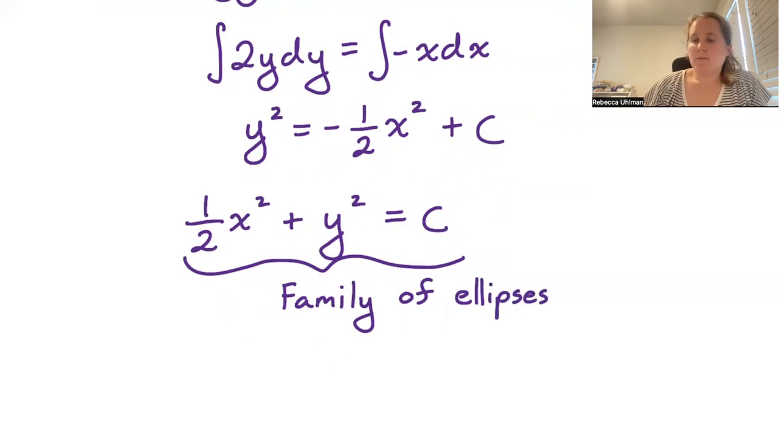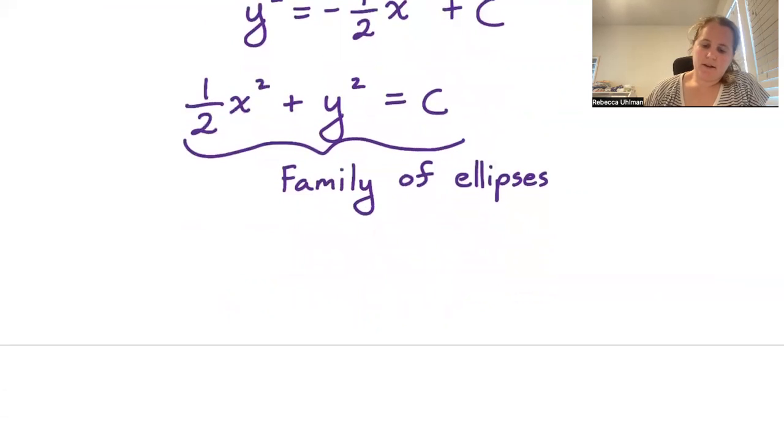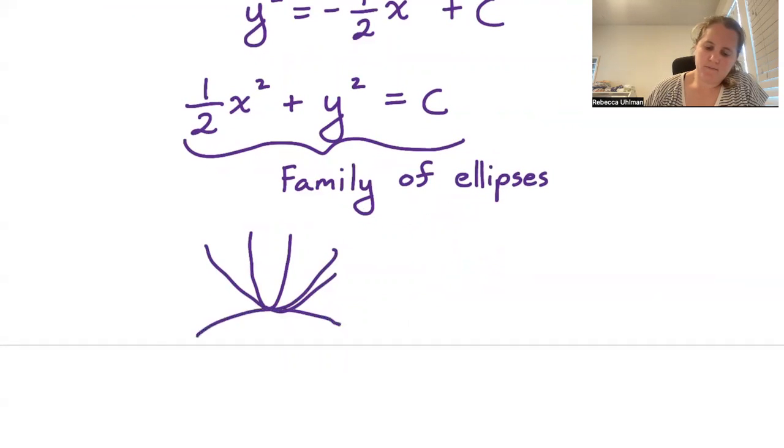So that kind of makes sense if we looked at a bunch of parabolas. So here's our family of parabolas. If we look at ellipses, we draw sort of perpendicular, perpendicular, perpendicular.